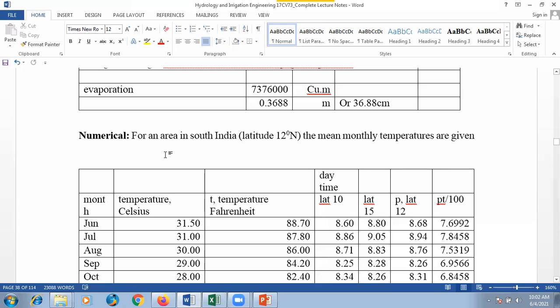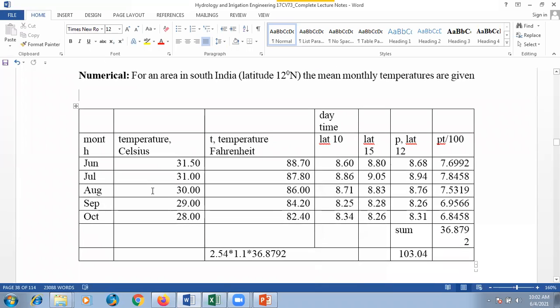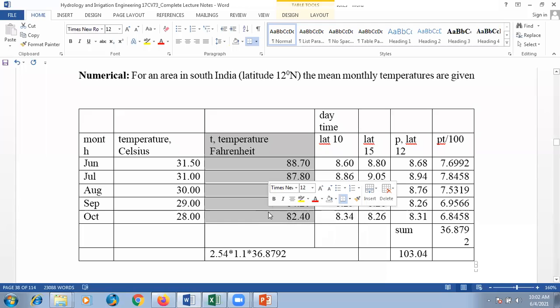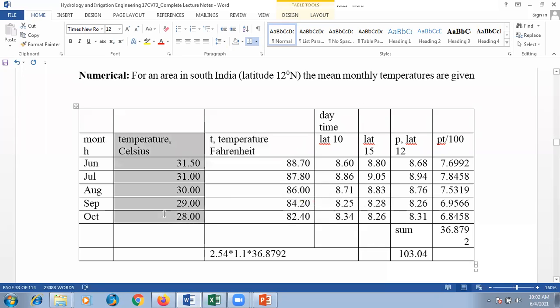But here, what are the differences? The temperature again is given in Celsius, which needs to be converted into Fahrenheit. You can do that with the relationship C by 5 is equal to F minus 32 by 9. In a similar way, you can change degree Celsius to degree Fahrenheit, the first thing to be done.